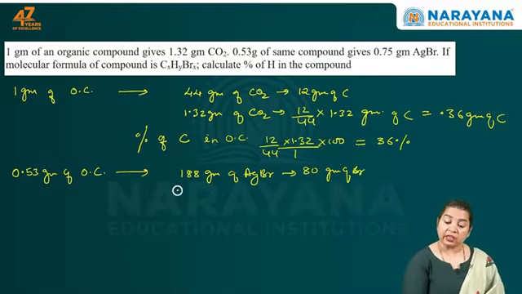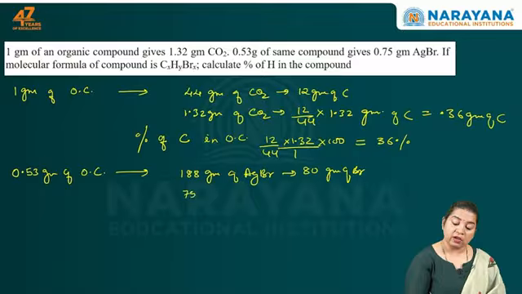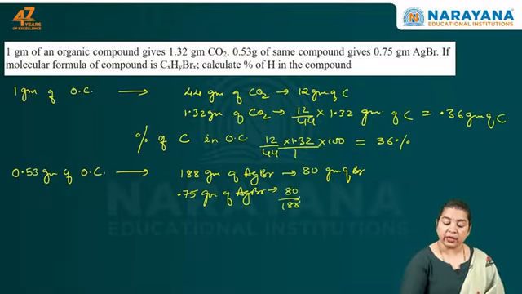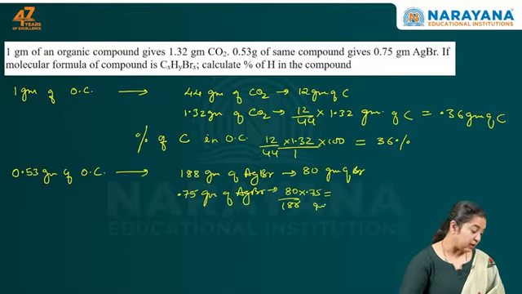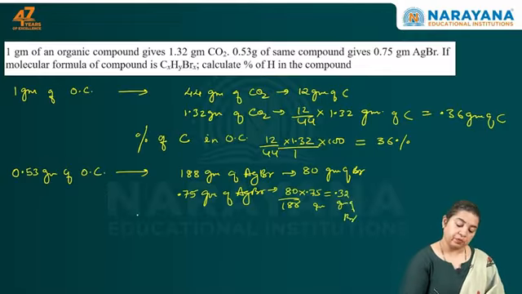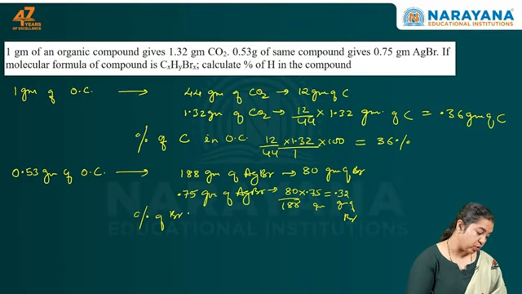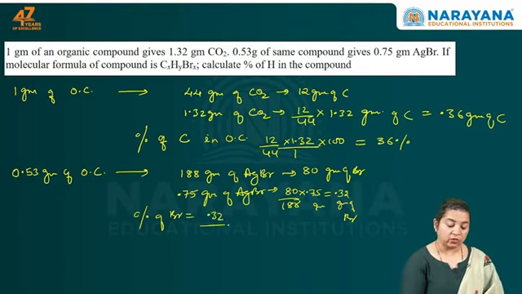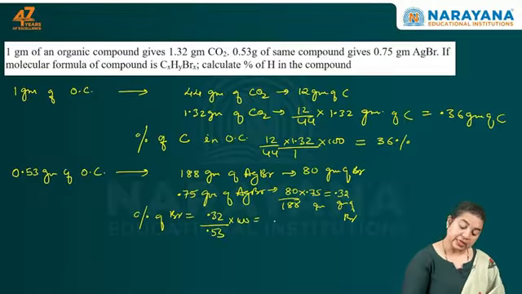But for 0.75 gram of AgBr, it is 80 upon 188 into 0.75 grams, which on solving comes to 0.32 grams of bromine. So, the percentage of bromine is 0.32 upon 0.53 into 100, which is 60.21 percent.